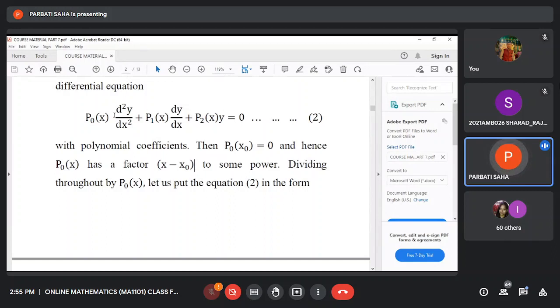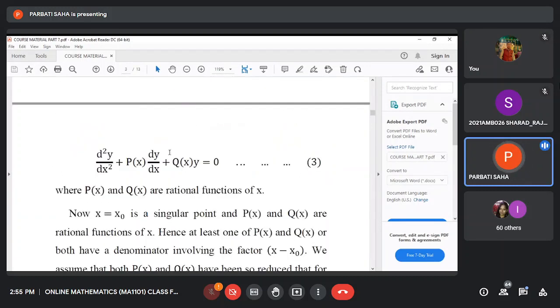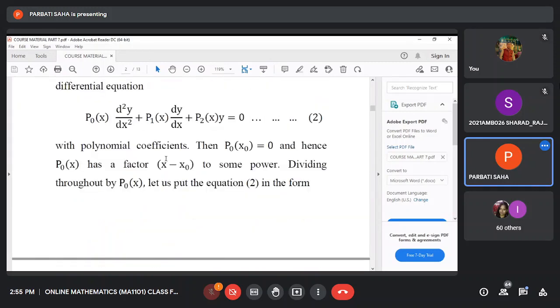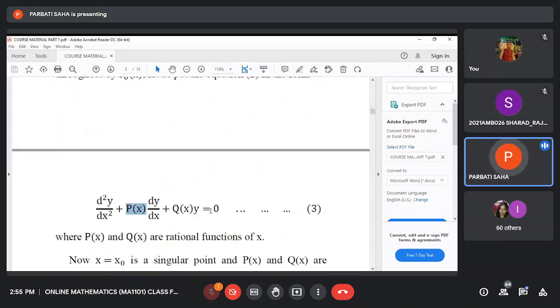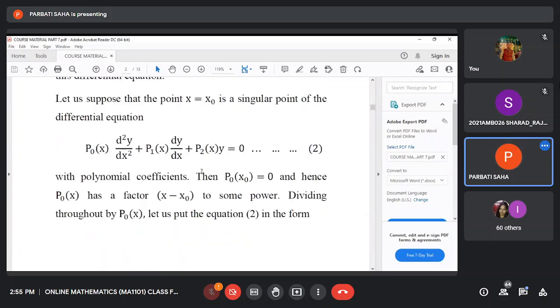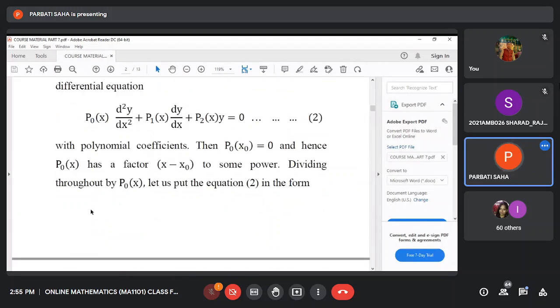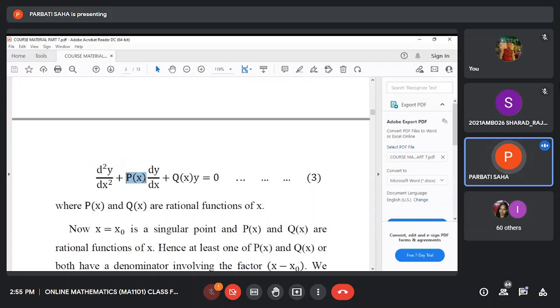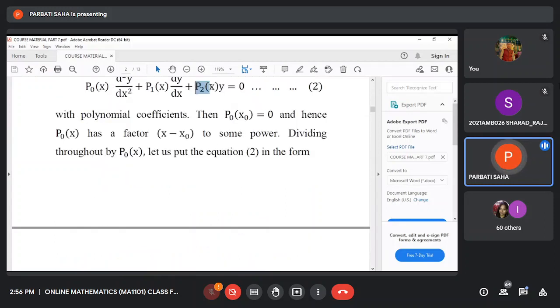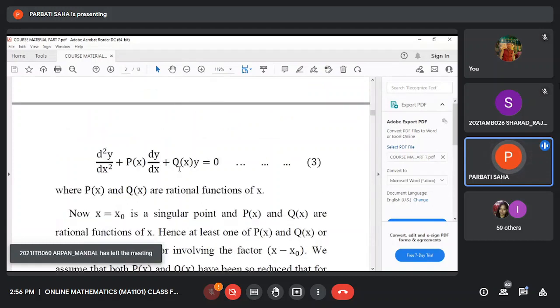Then it should be of the form d2y/dx2 plus P1(x)/P0(x) dy/dx plus P2(x)/P0(x) into y equals 0. We make this coefficient 1, and so we divide the whole equation by P0(x), so that P1(x)/P0(x) is denoted by p(x), and P2(x)/P0(x) is denoted by q(x).